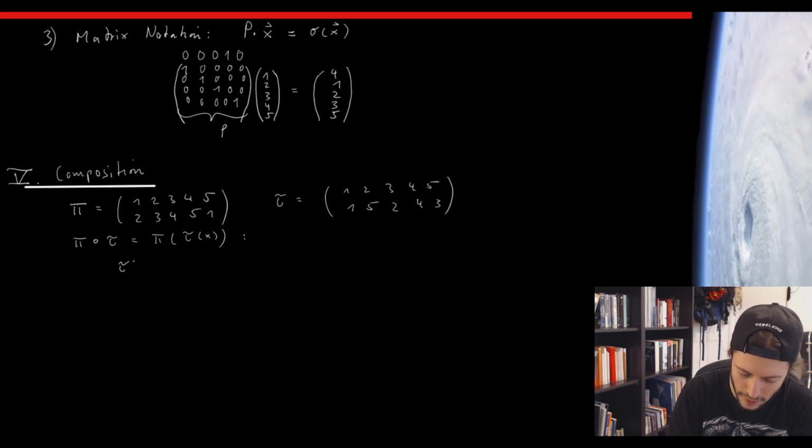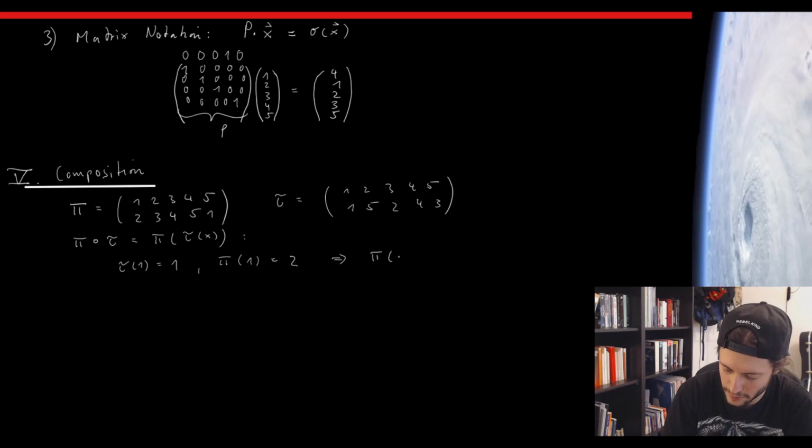So tau of 1 equals 1. Pi of the result 1 equals 2. So pi after tau of 1 equals 2.